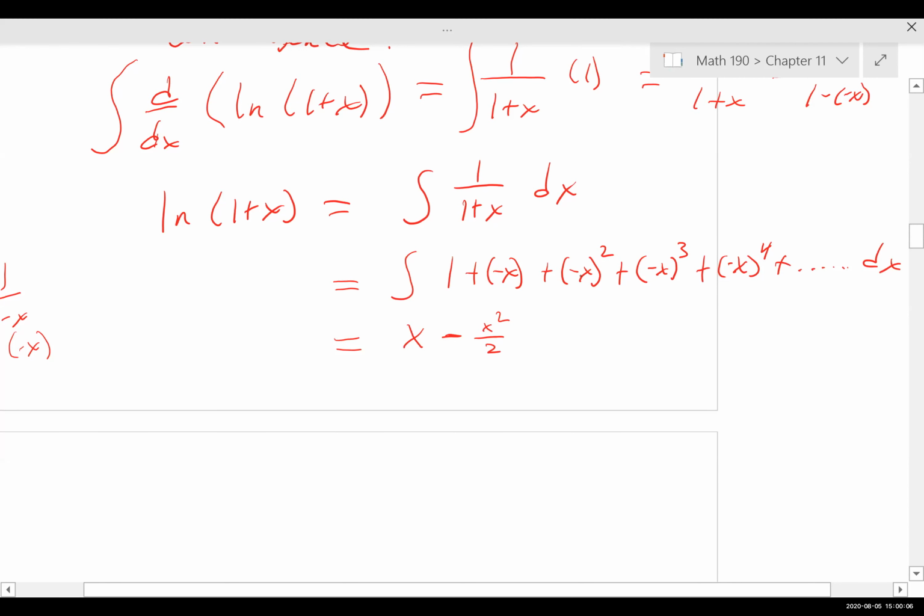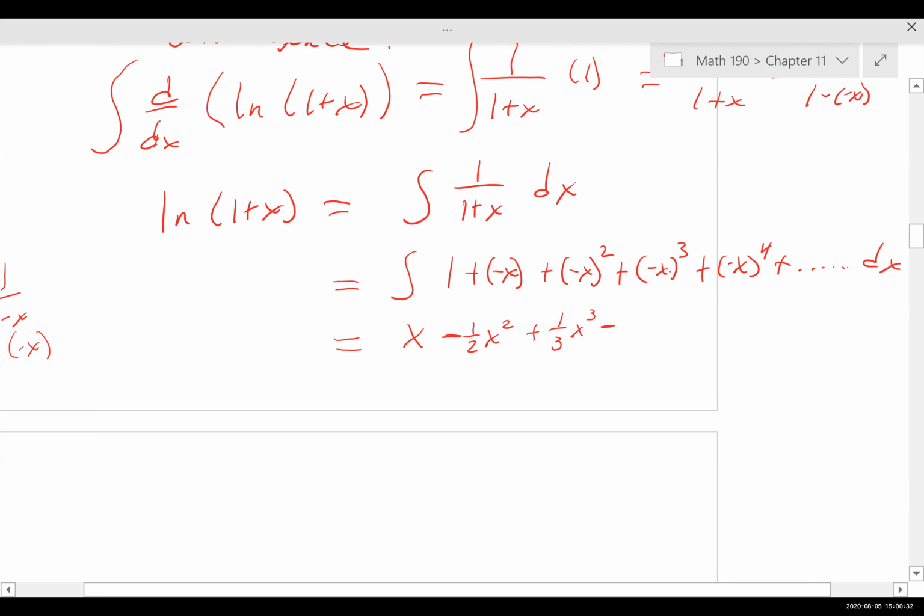This guy is going to be positive because that negative gets squared. So the integral of x squared is just 1/3 x cubed. This is negative raised to a third power, so that's negative. So again, it's going to be alternating. Negative.